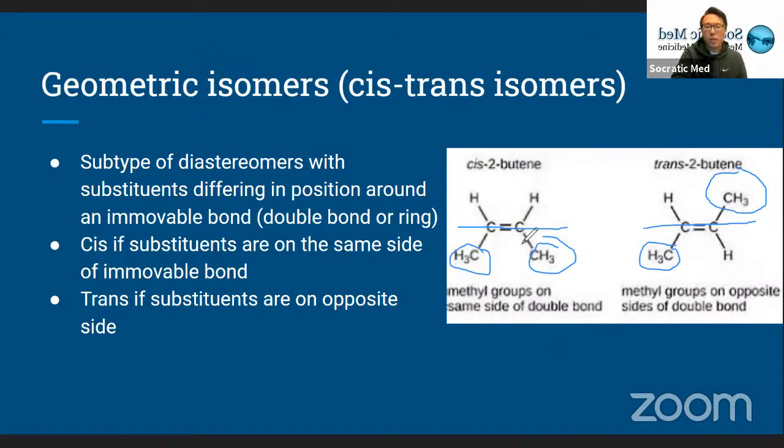These two have the same connectivity, but they differ in which side the substituents are on the carbons involved in the double bond. So this is a subtype of a diastereomer, otherwise known as a geometric isomer or cis-trans isomer.